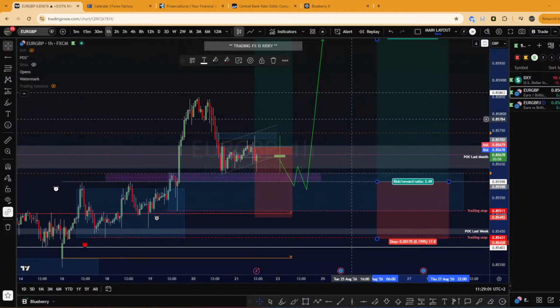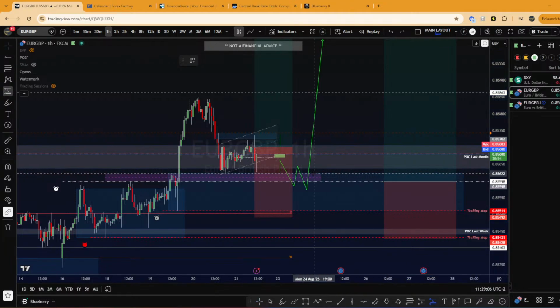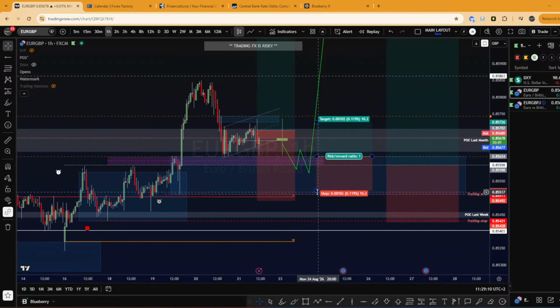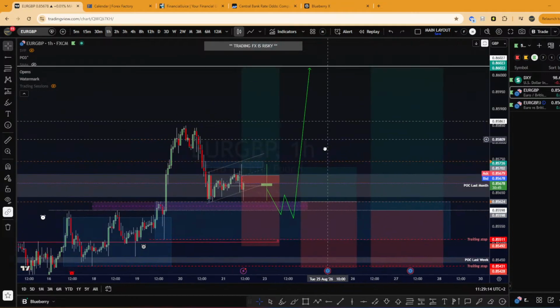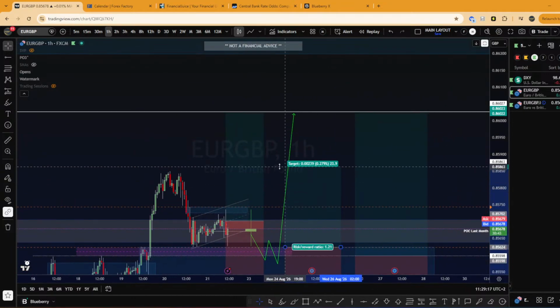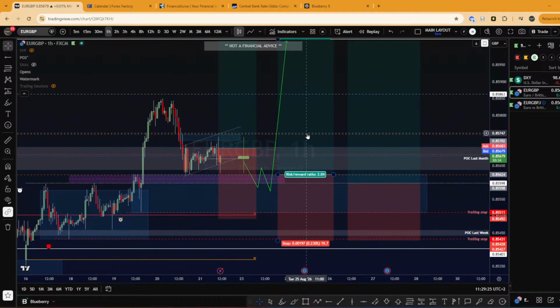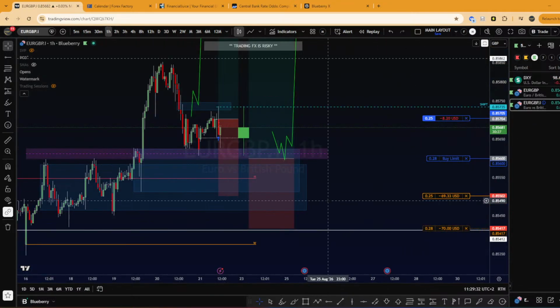If this looks good, maybe add another position here with a live stop loss just here. First profit here at 1.22, and the final profit here. Another risk reward of 2 is okay. So I will put another entry here.